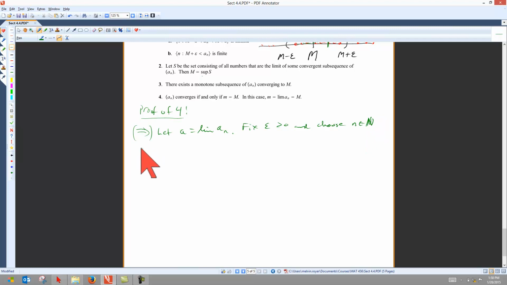Choose a natural number capital N so that a_n minus a is less than epsilon whenever you're farther out in the sequence than this number N. Okay, but kind of unraveling with things like the triangle inequality here, if everything out far in the sequence is close to a, then no a_n can be any bigger than a plus epsilon.